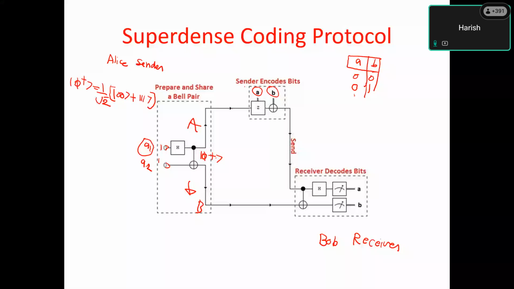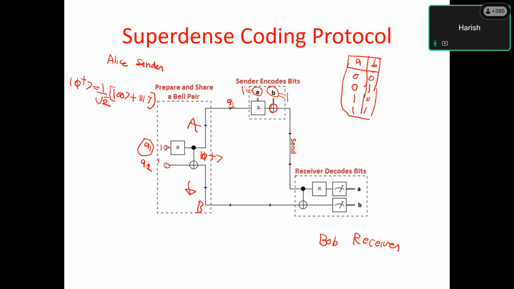Depending upon the values of A and B, she applies Z and controlled NOT gates on qubit 1, which is coming to Alice. Alice will apply the Z gate if A is equal to 1. If B is also 1, then she will apply the X gate. If A and B are 0, 0, then she will not apply these gates.